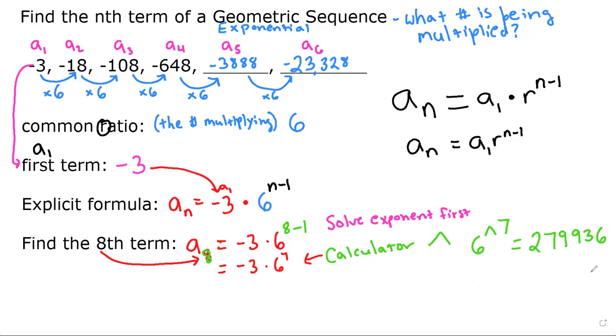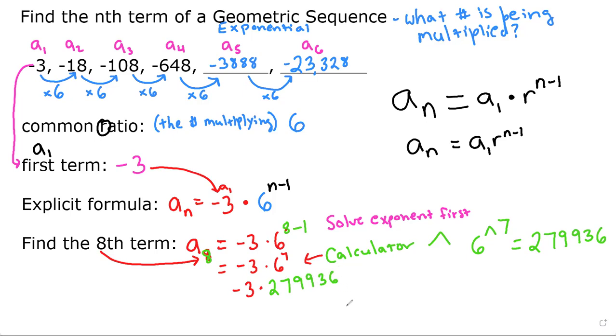279,936. I'm not done yet. So now we're at -3 times, and now it's going to be this number over here, 279,936.